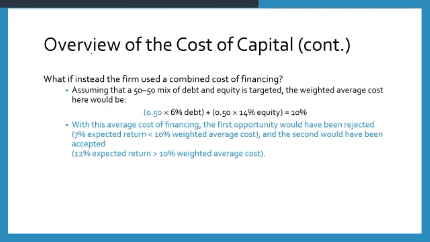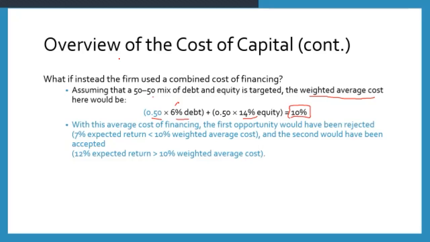The weighted average cost here is 50% by 6% for debt, we know 6% was the cost, the interest rate, and 14% again is the rate for equity. So it's 50 by 6, 50 by 14. When you add them up, you should get 10%.